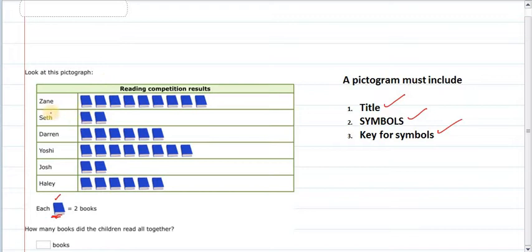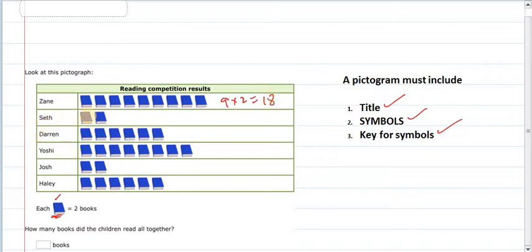In this data, the number of pictures shown for Zane is 1, 2, 3, 4, 5, 6, 7, 8, 9. So there are 9 pictures, and each book is showing 2. So 9 times 2 is going to be 18.